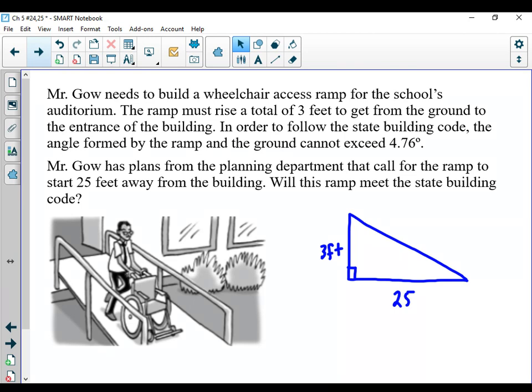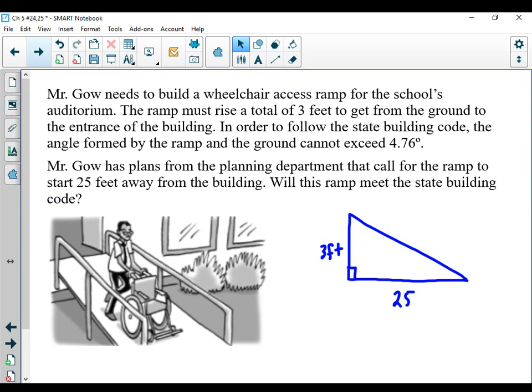So a possible equation I could use, it's not the only way to do it, but I could say the tangent of 4.76 equals the ratio of 3 over this missing value, or 3 over x. So you can write tan of 4.76 equals 3 over that missing X. What we talked about last week was, I'm gonna make this into a fraction, because then I can do some cross multiplying.